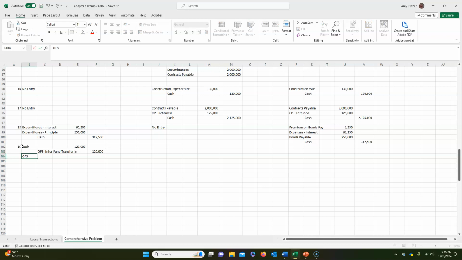And we're going to reduce our estimated other funding sources, interfund, and budgetary.